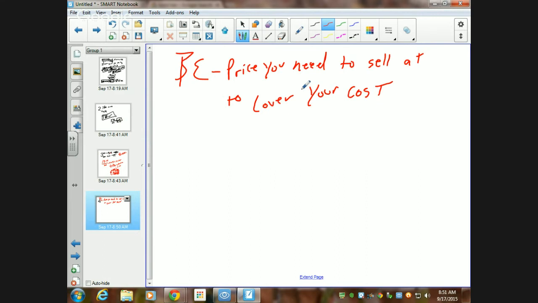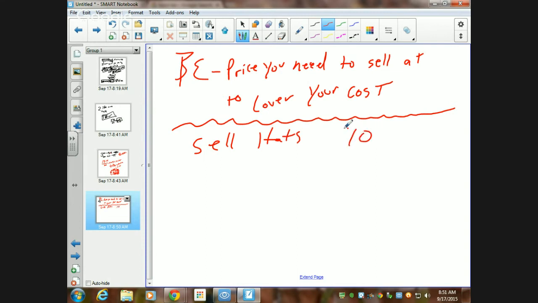All right, now we're going to try this without getting screwed up. Let's try this again. We're going to use simple numbers. We sell hats for $10.